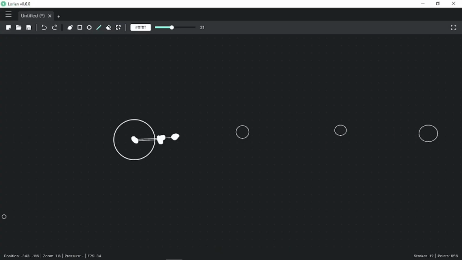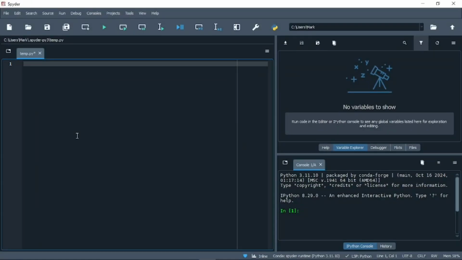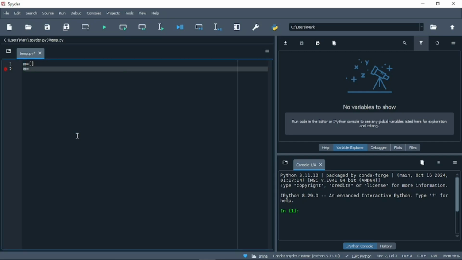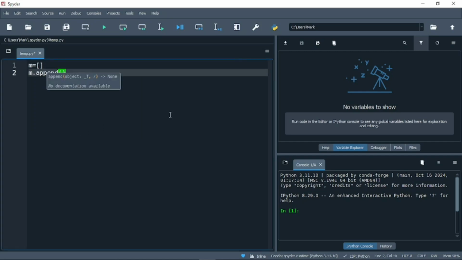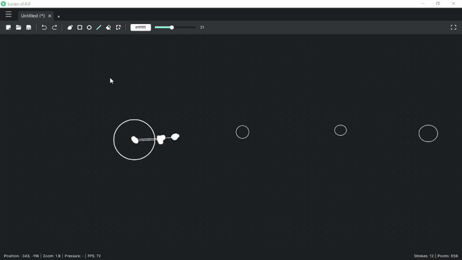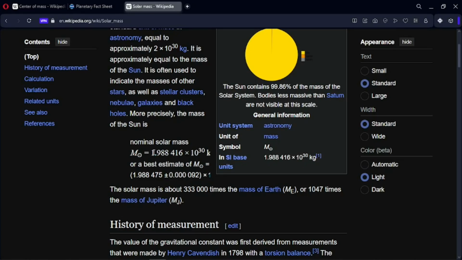So let's make some considerations. We have some masses, and in particular the mass of the Sun, which is 1.99 times 10 to the power of 30.